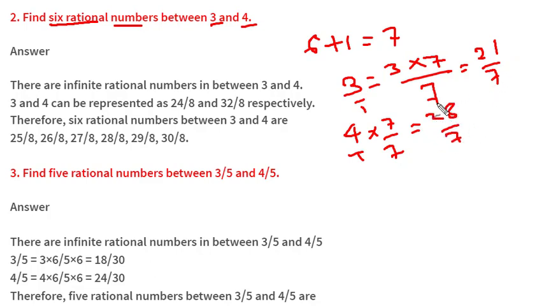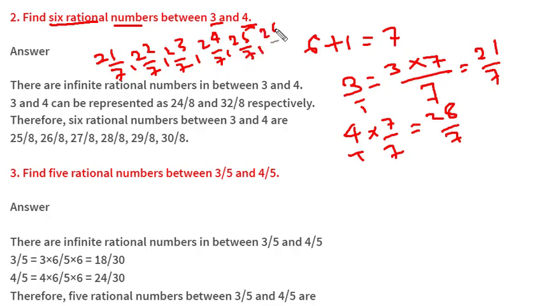Now between these two numbers you will find 6 rational numbers. The numbers are 21 by 7, 22 by 7, 23 by 7, 24 by 7, 25 by 7, 26 by 7, 28 by 7. So how many? 1, 2, 3, 4, 5, 6, you found them.